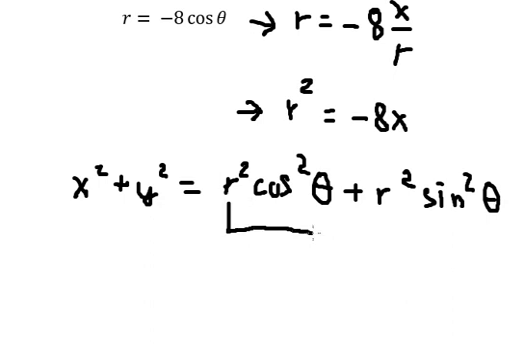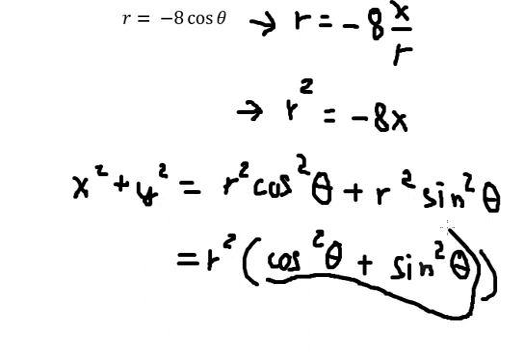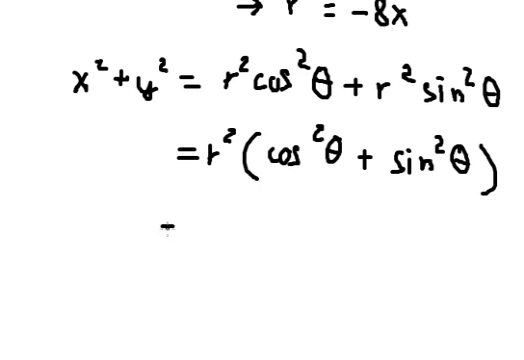So r squared and r squared, we can do factorization. This one equals number 1. So we see that this one equals r squared.